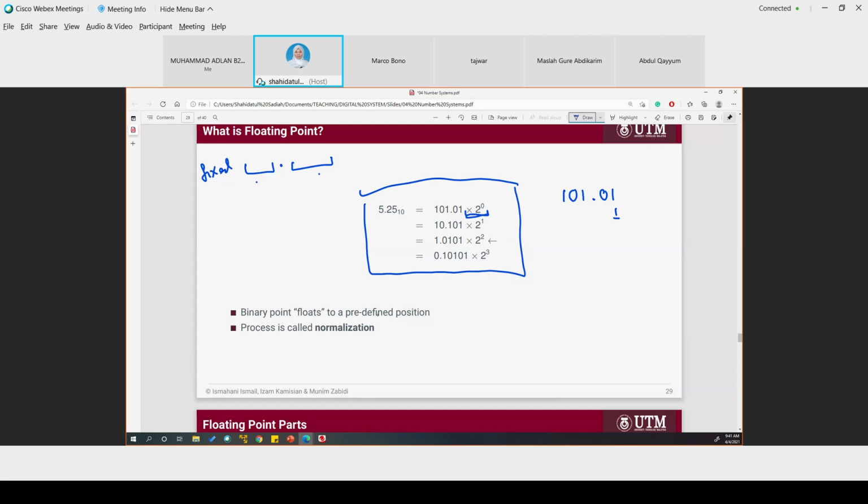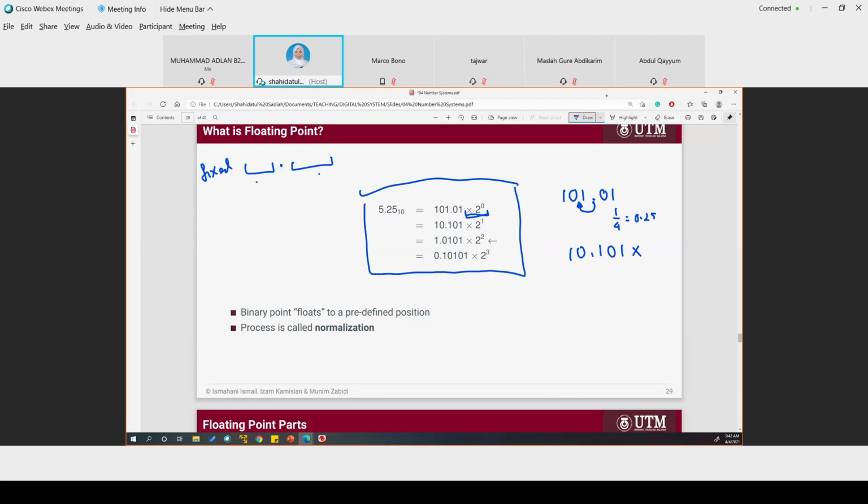So this is 1 over 4, right? So this is 5.25. This is equal to 10.101, means we shift the binary point 1 bit to the left.